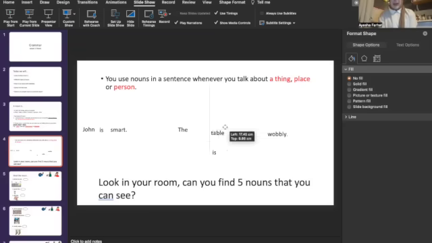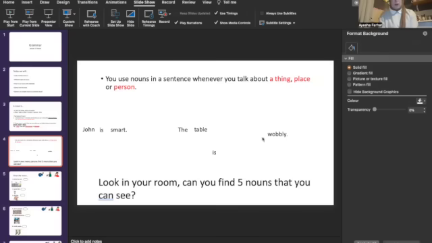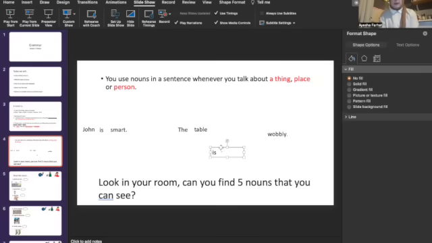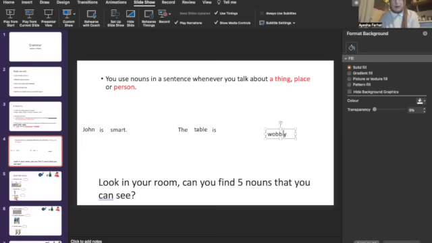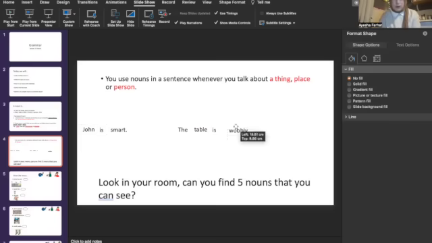So the table, is it going to be wobbly? The table wobbly is? No, that doesn't make sense. So is, because I'm saying something about the table, I'm saying that the table is wobbly. So the table is wobbly. Means the table is broken.